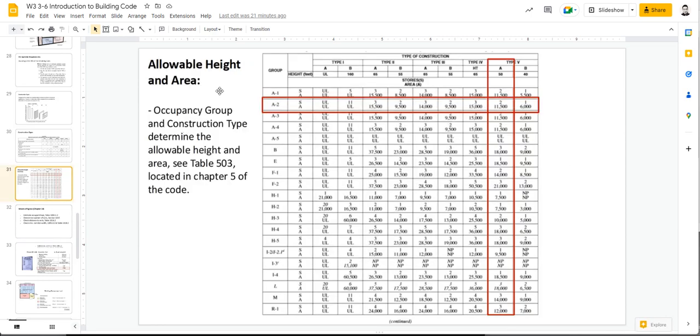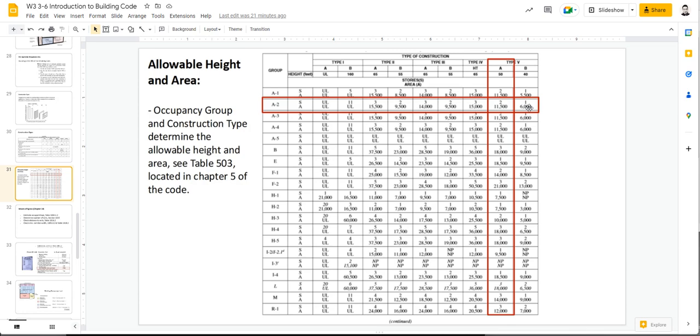Allowable area is dictated also by your type of construction. So if we have an A2, okay, and if we do not cover our wood frame construction, then we can only go 1 story, and our structure cannot be more than 6,000 square feet.